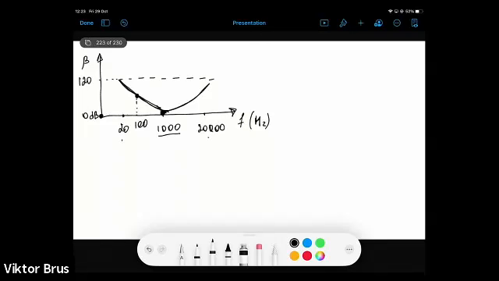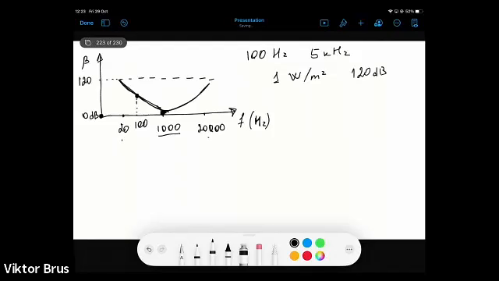It doesn't matter if we have sound with 100 hertz or sound with 5 kilohertz, if its intensity is something like 1 watt per square meter, which corresponds to 120 decibels, then we will feel it equally.